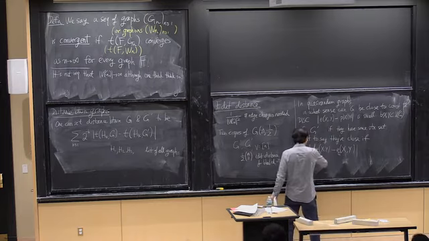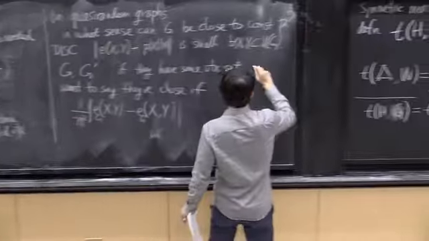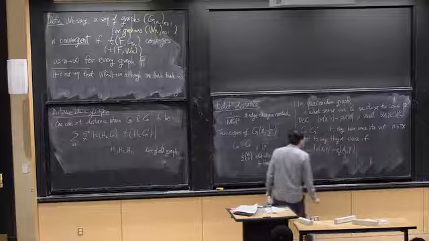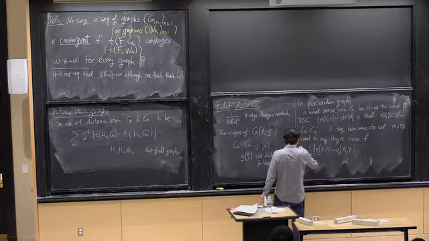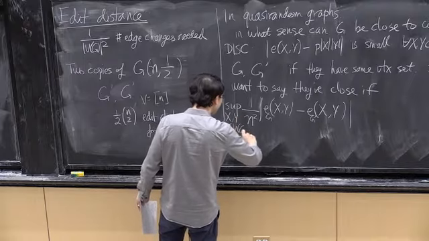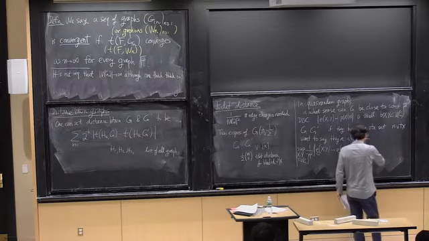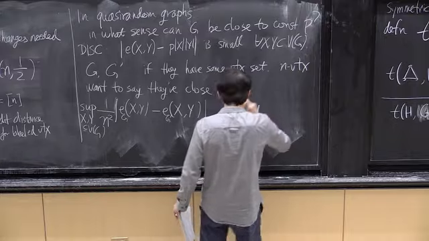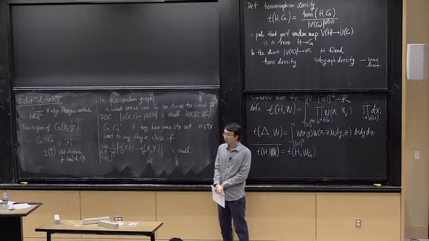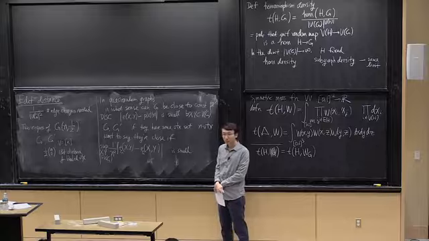And I normalize by n squared, where n is the number of vertices. I would like to find the worst possible scenario, so over all subsets X and Y of the vertex set. If this quantity is small, then I would like to say that G and G prime are close to each other. So this is inspired by this discrepancy notion.